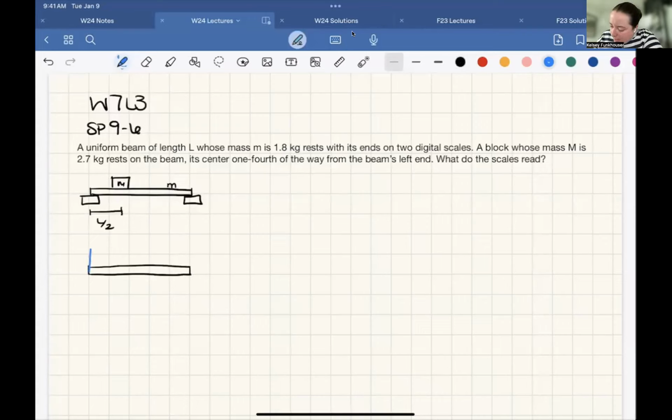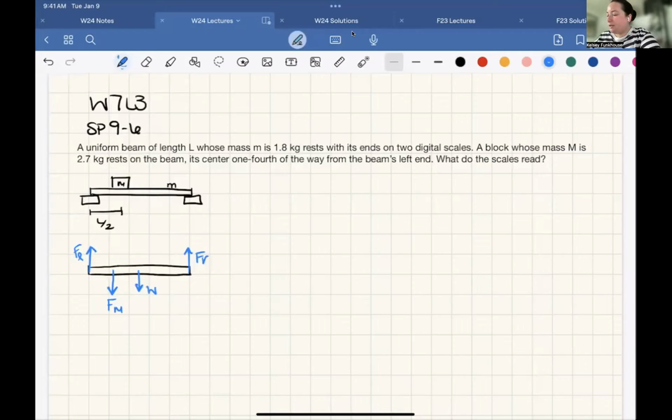And we'll call those FL for the left side scale and FR for the right side scale. And then we will have the weight of the beam going down at the center of mass, which we will say is just the center here. So that's the weight. And then we also have the force from the mass resting on the beam. And so that's going to point down also, and we'll just call that F big M.